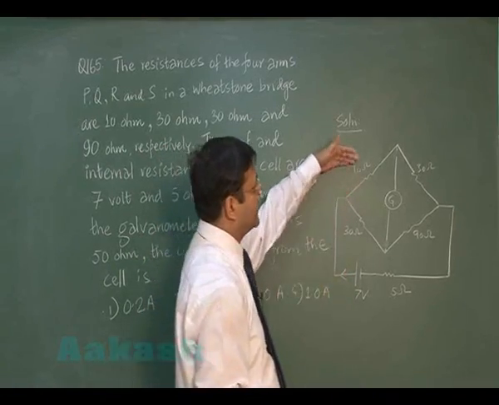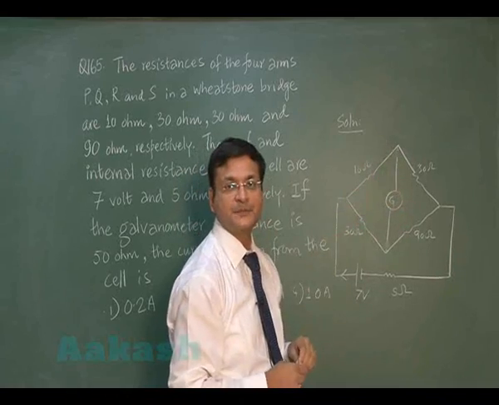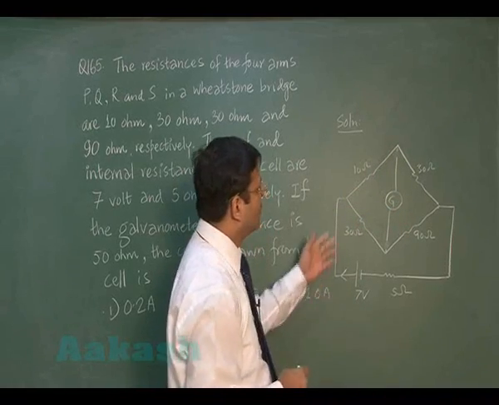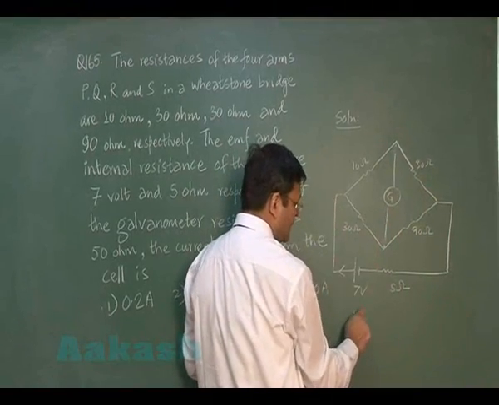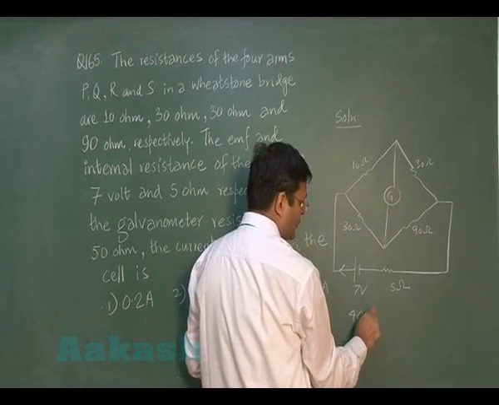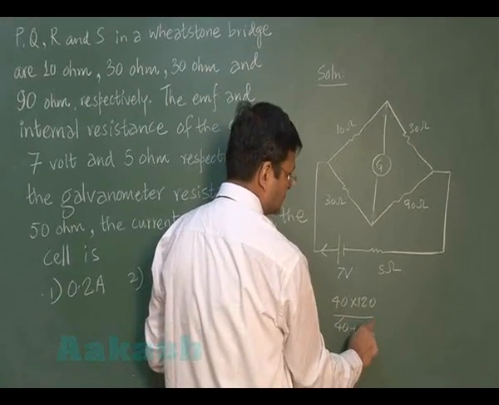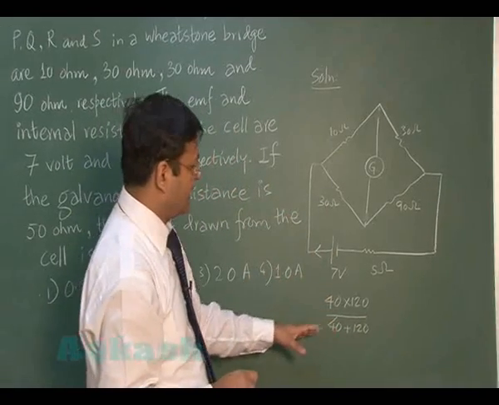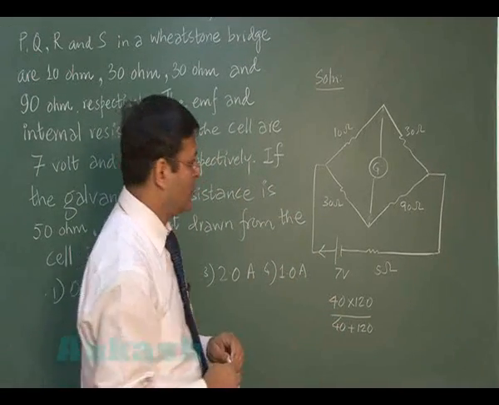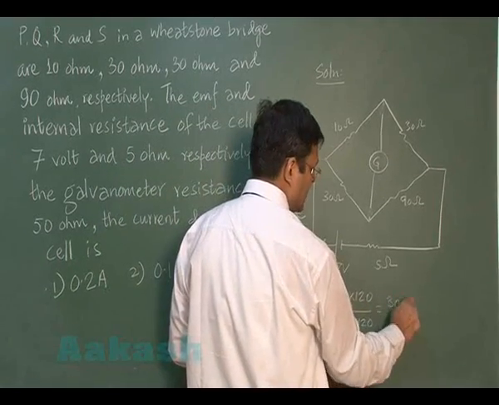Here 10 and 30 are in series, that is 40, and here 30 and 90 are in series, that is 120. So the overall resistance of this entire thing is 40 into 120 divided by 40 plus 120, that makes it 30 ohm.